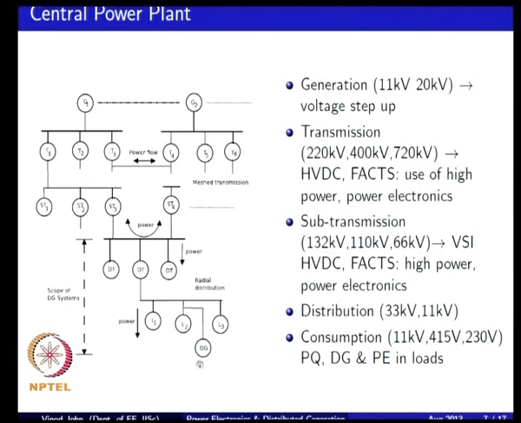So, the traditional role of power electronics has been in loads, be it a switch mode power supply or motor drive at the consumption point, but when you are talking about distributed generation, you are talking about potentially connecting it at the consumption level or at the distribution level. So, this is essentially the range of areas where people are looking at distributed generation solutions.